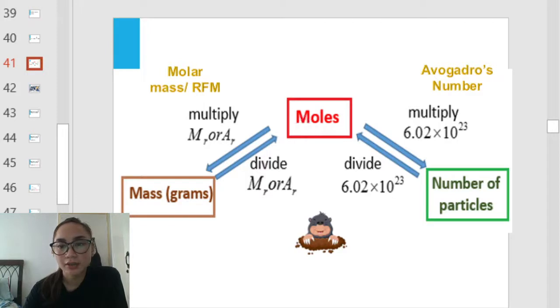Ngayon naman, if you are given the moles, nakalagay na sa moles yung given, and you are asked to find kung ilan yung grams, papunta na tayo dito, pabalik, just look at the arrow, then you have to multiply the moles doon sa molar mass. Okay? So, for this video, we will be talking about the conversion nitong dalawa lang, no? Hindi pa natin i-discuss itong dalawa or kung paano gawin tong tatlong to all together.